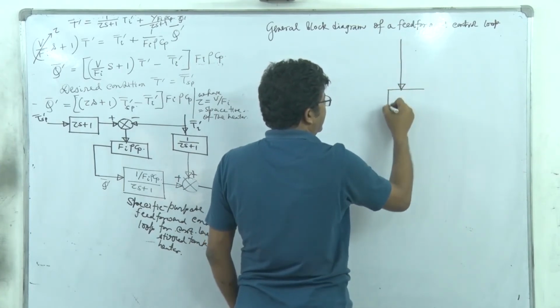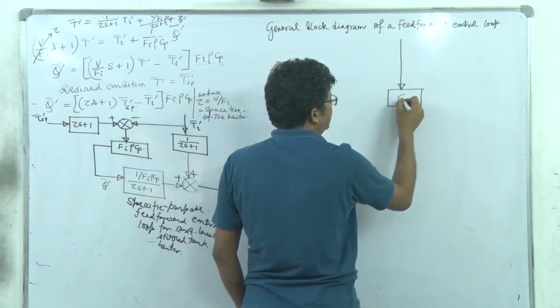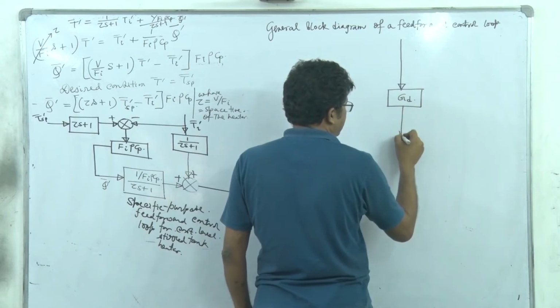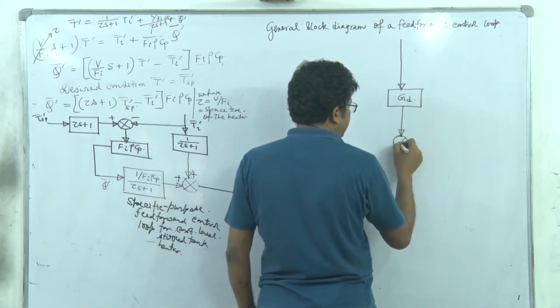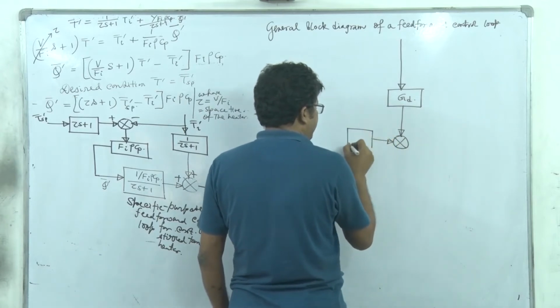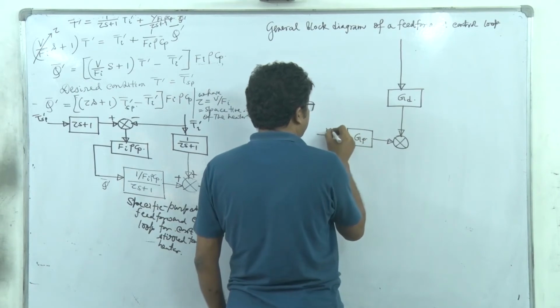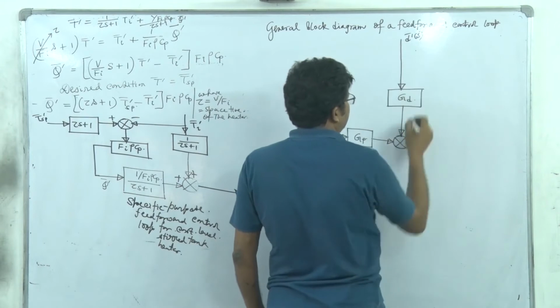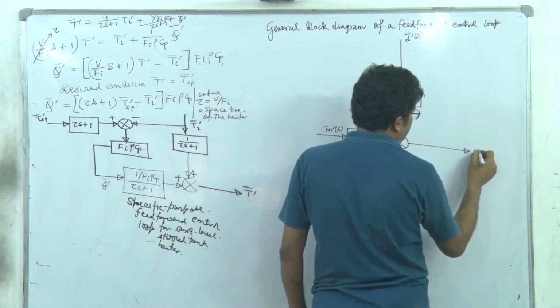So you see what we are having here. That's the typical open loop first. This is the disturbance block GD, similar to this, going to the adder inherent in the process. This is the process block, transfer function GP. Here we have the manipulated variable and here we have the disturbance, producing the output.